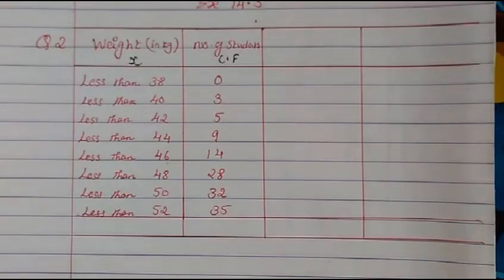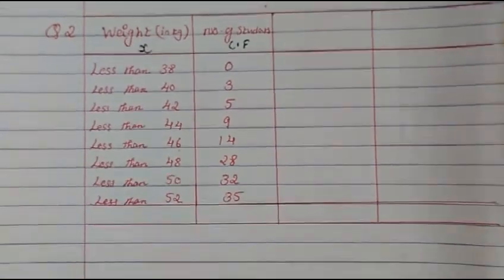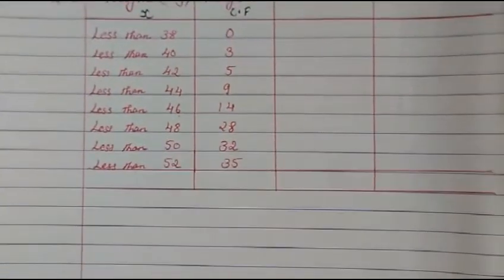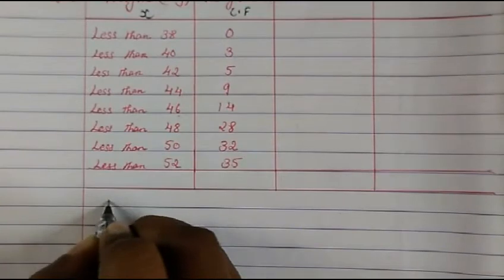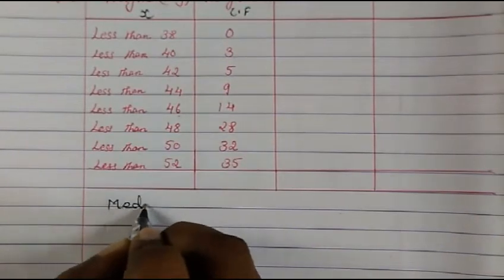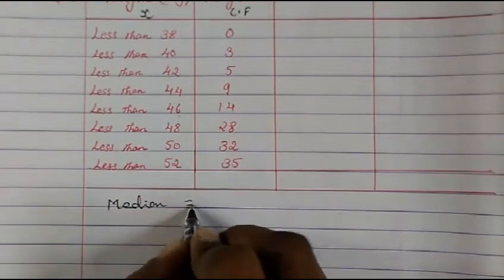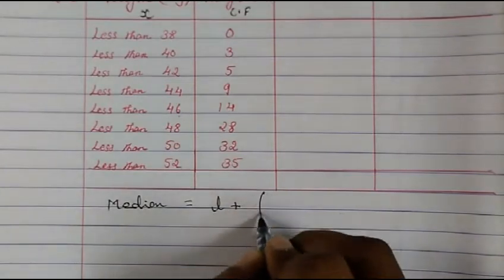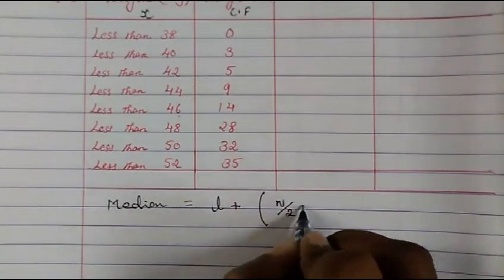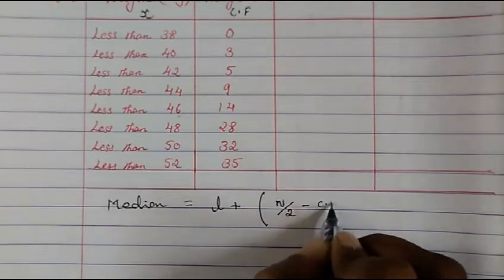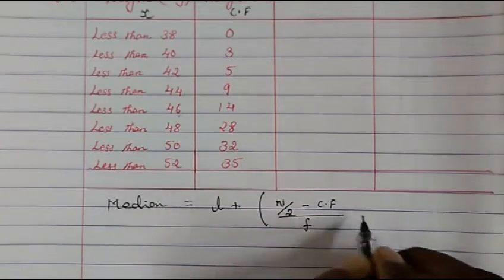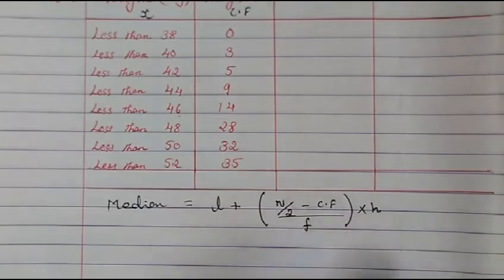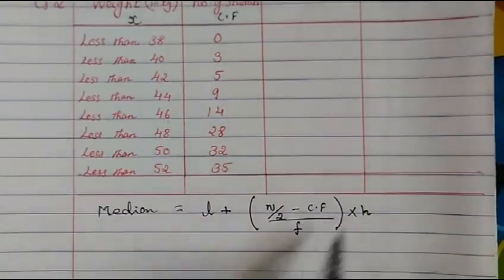The formula for median is lower limit plus capital N upon 2 minus CF, divided by small f, into h. With this formula we have to find the median.